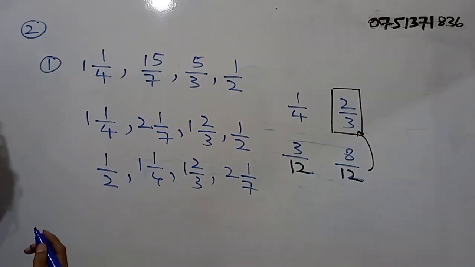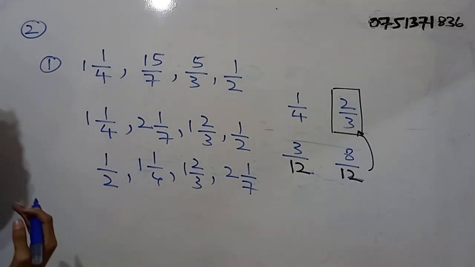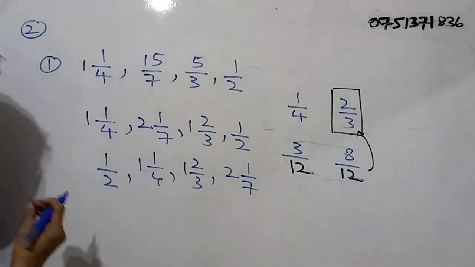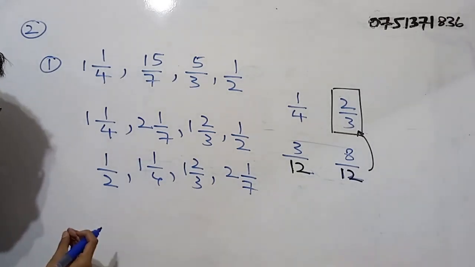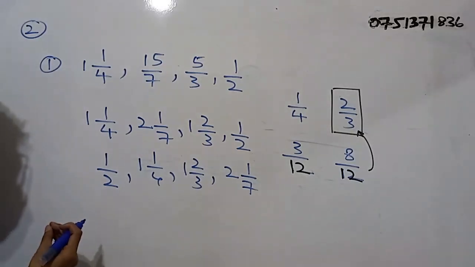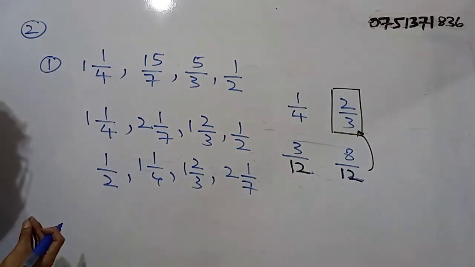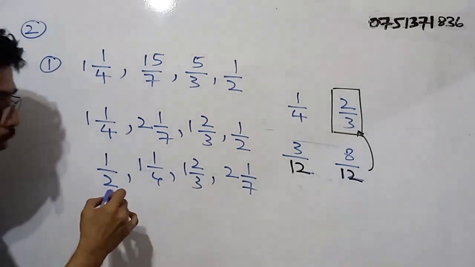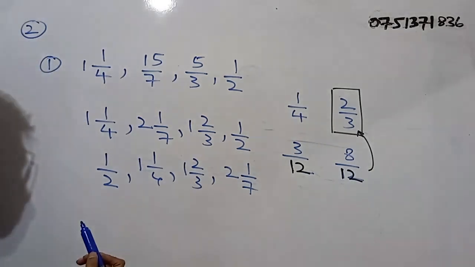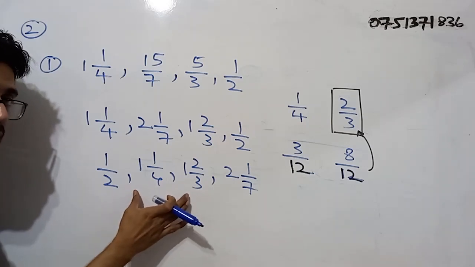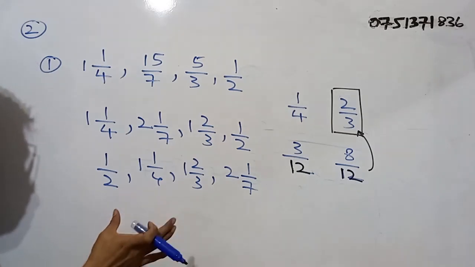Right. And another thing that we need to remember, whenever we have been given some fractions that we need to arrange in ascending order, the final answer we always need to write using the given fractions, right? So actually this is not the final answer. Some of these fractions are not the fractions that we have been given.